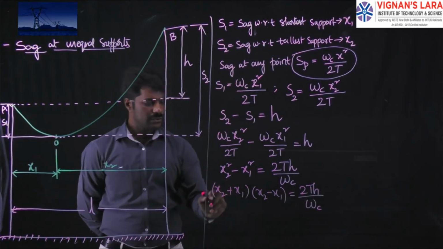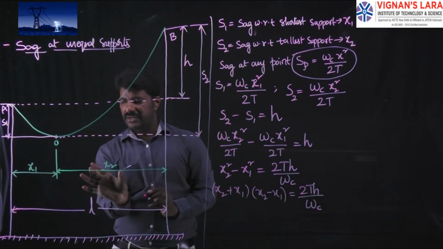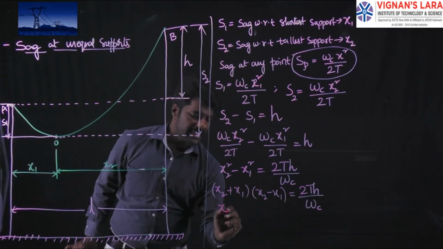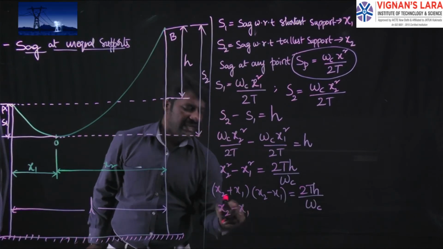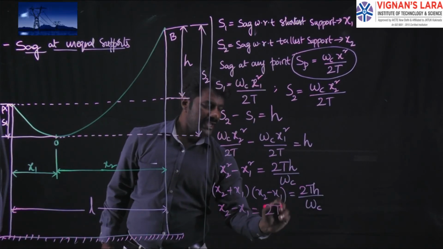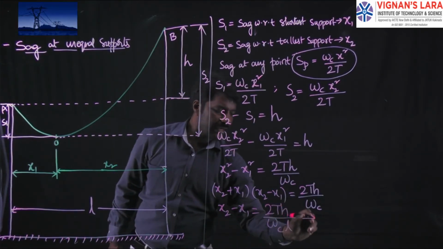And now we can write x2 plus x1, this summation, as equal to the span length. Thereby, the difference of the distances x2 minus x1 can be written as 2th by WC into L. Let it be equation 1.